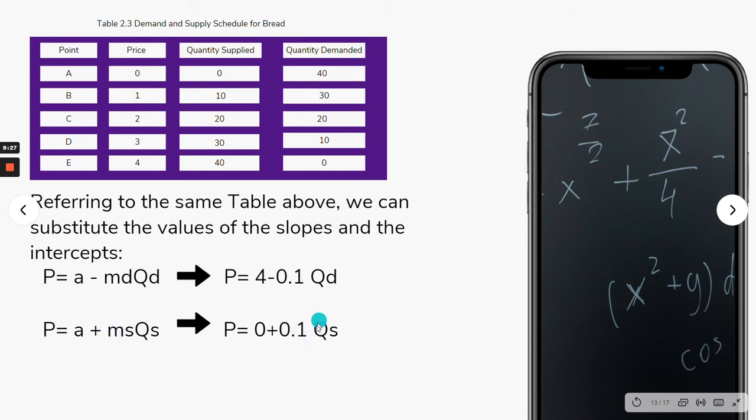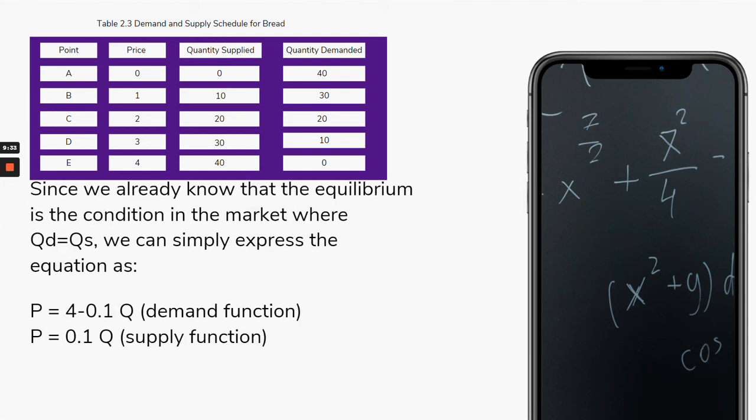So knowing that we already have those values, we can now simply express the equation like this, because QD is equal to QS. So this is your demand function, P equals 4 minus 0.1 Q, and P equals 0.1 Q, which is your supply function.